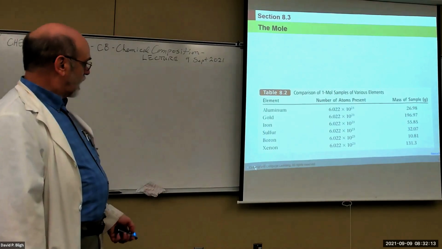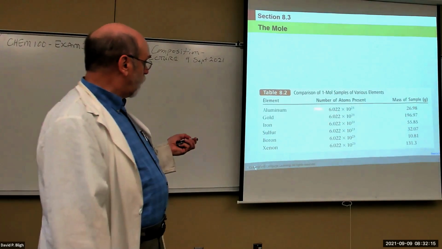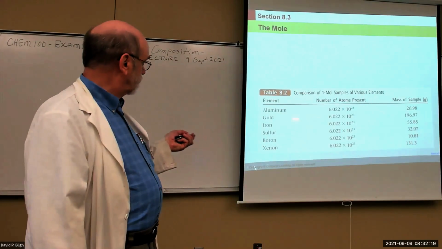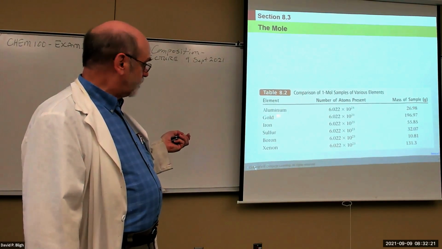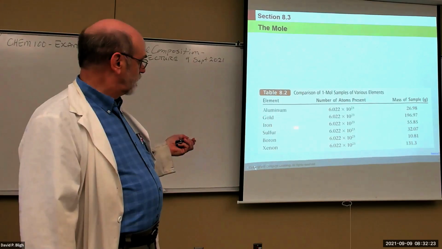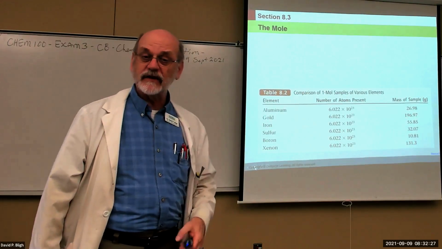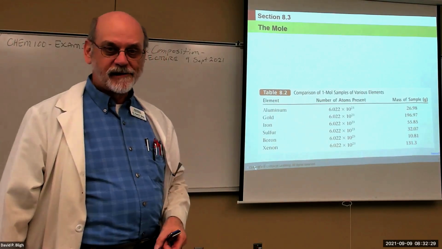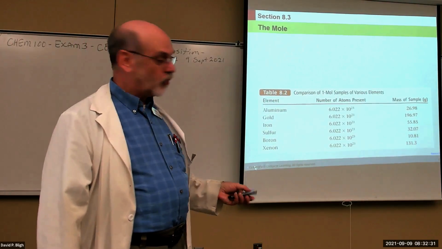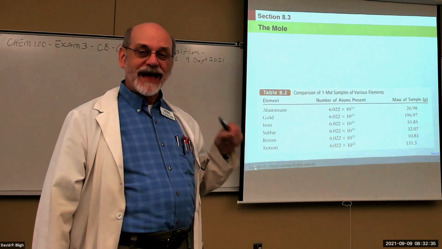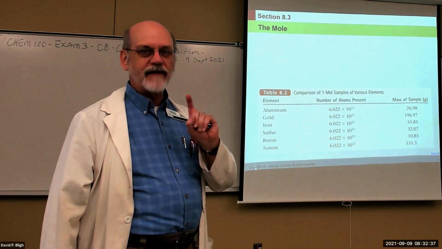All right. And this just illustrates the fact. If you have a mole of each one of these, you have different masses. Right? Gold is pretty heavy. In fact, it's the heaviest one on the list. So a mole of gold atoms is going to weigh 196.97 grams. One atom of gold weighs 196.97 atomic mass units on average.